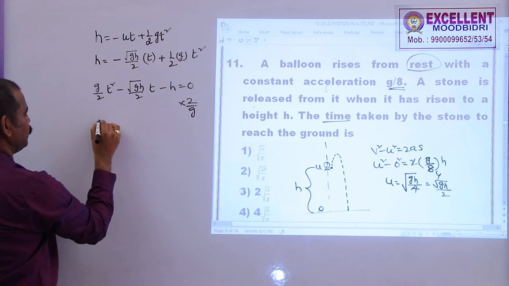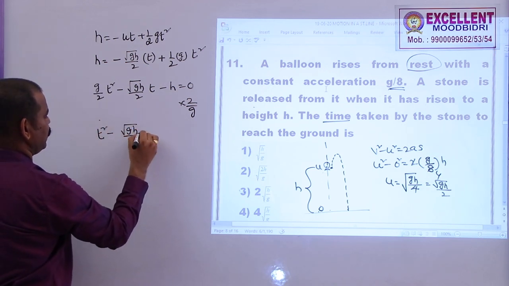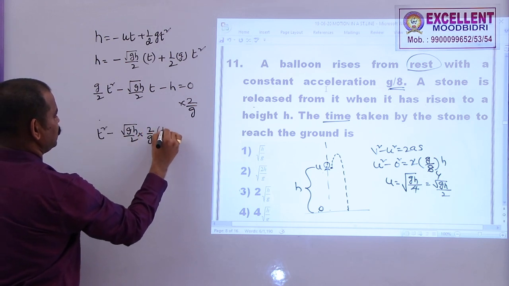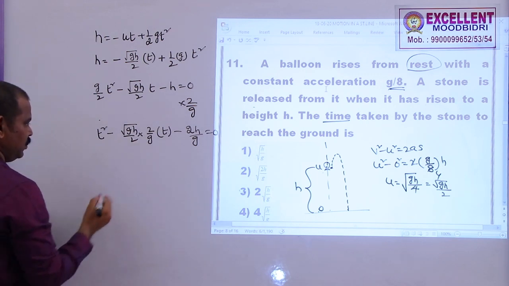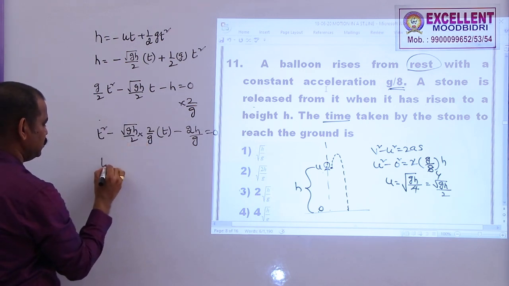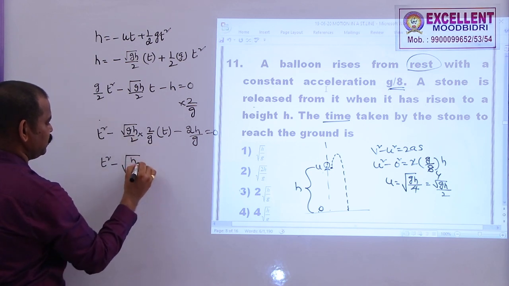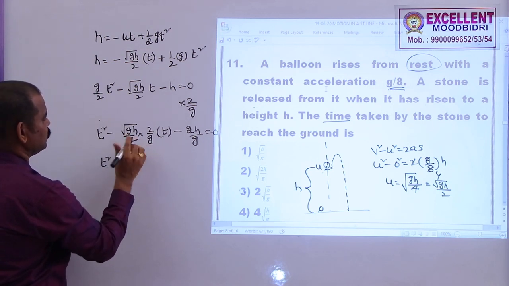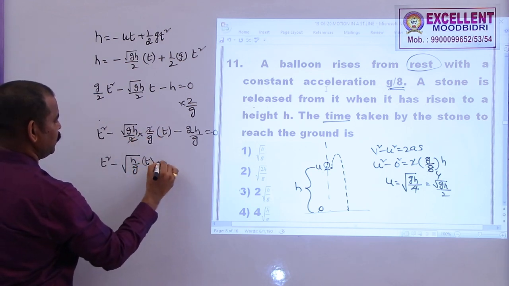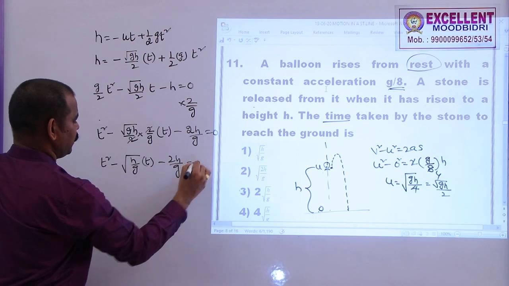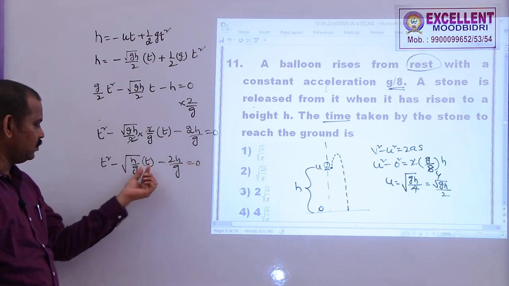So this becomes t squared minus root over gh/2 into 2 by g into t minus 2h by g equals 0. Now you can cancel g and g. So this equation can also be written as t squared minus root over h by g into t minus 2h by g equals 0. So this is in the form of ax squared plus bx plus c. We know how to find the t value.